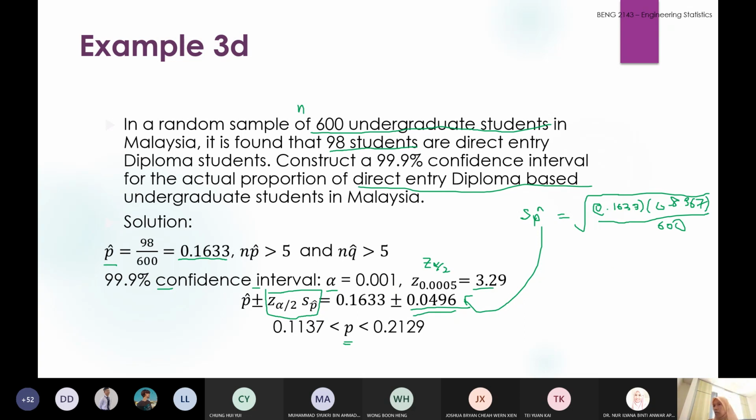It's already 9:34. Do you want another example or do you think it's enough for today? You can give your comment or reaction in the chat box. What is your confidence level about this topic?